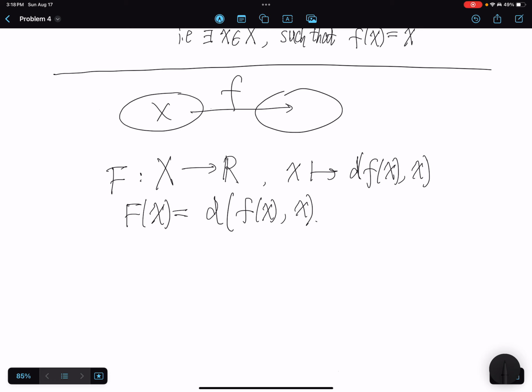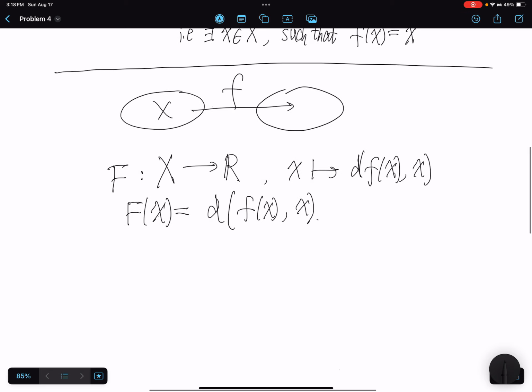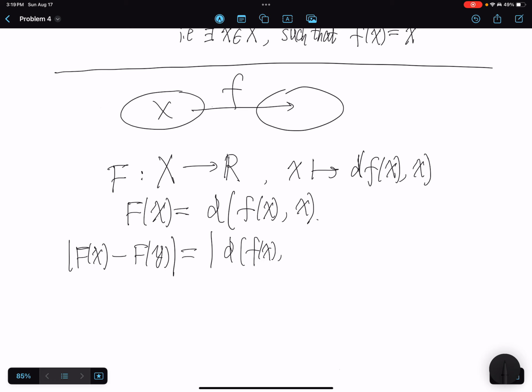So let's see what property this function has. Because it's a distance function, we can show that g of x is a continuous function on X. To see this, look at the absolute value of g of x minus g of y, which is the distance between f of x and x minus the distance between f of y and y.